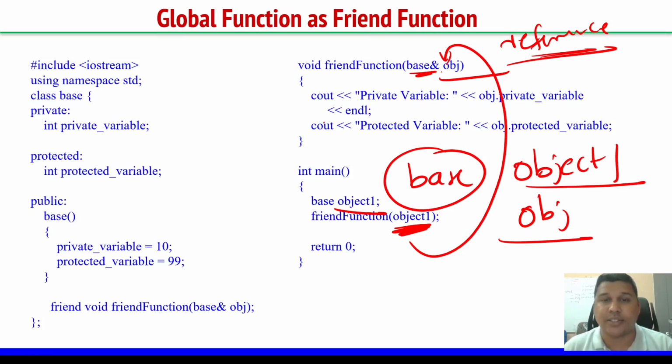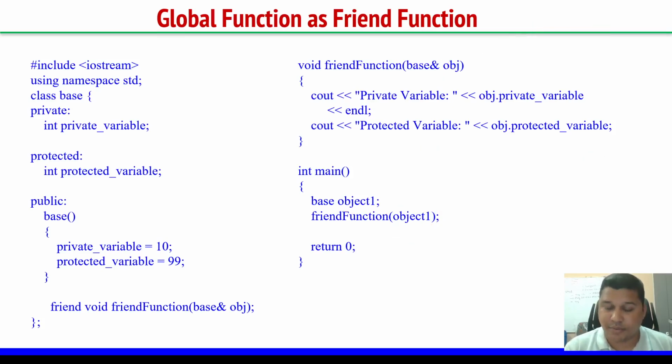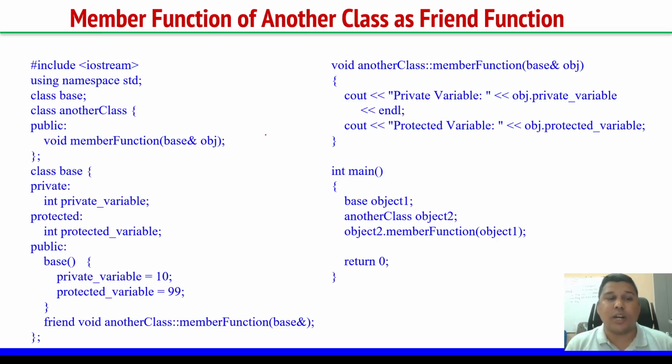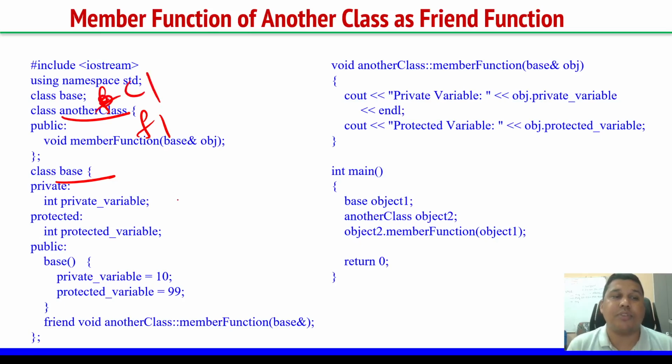I will answer your queries. We will see that. This second one, member function of another class, is simple. You have class 1, you have class 2, and this function f1 belongs to class c1. This is c2, and you are saying friend f1.